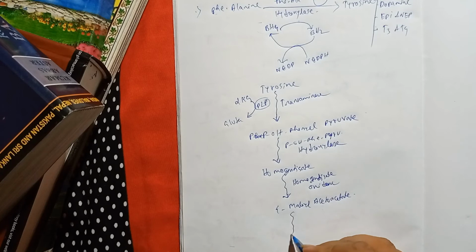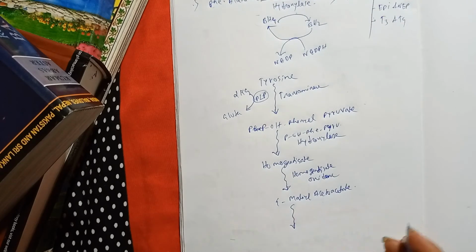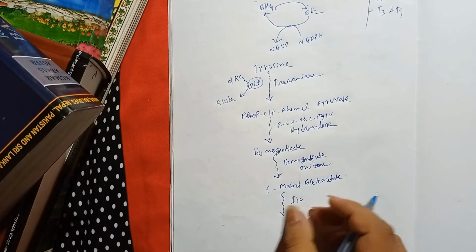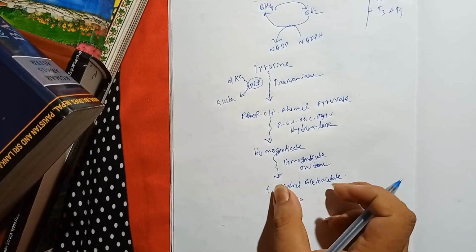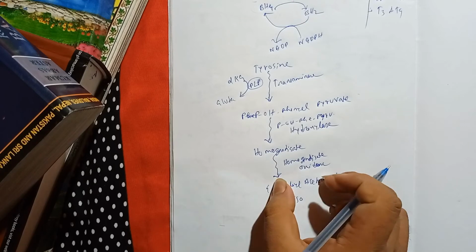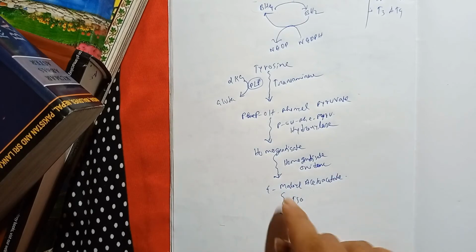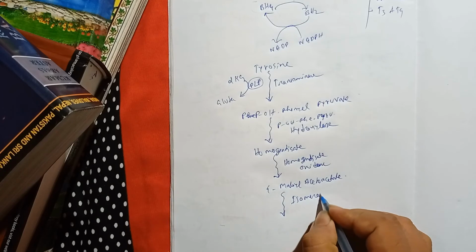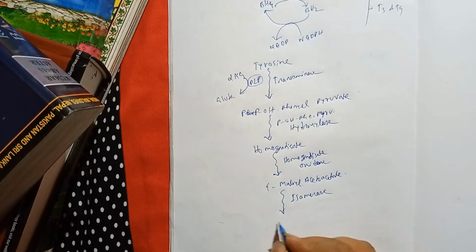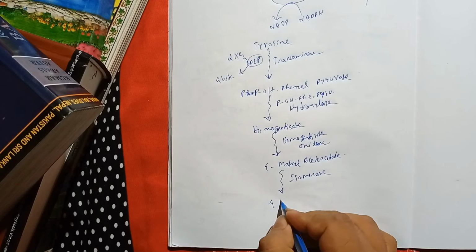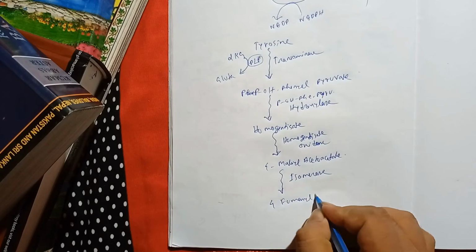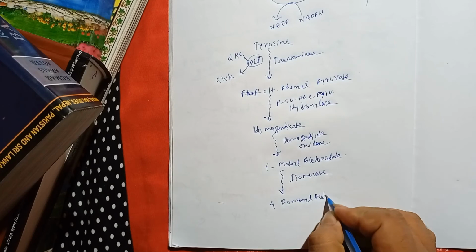Now there is an enzyme, an isomerase. By the action of the isomerase, it will form the isomer of 4-maleylacetoacetate, which is 4-fumarylacetoacetate.